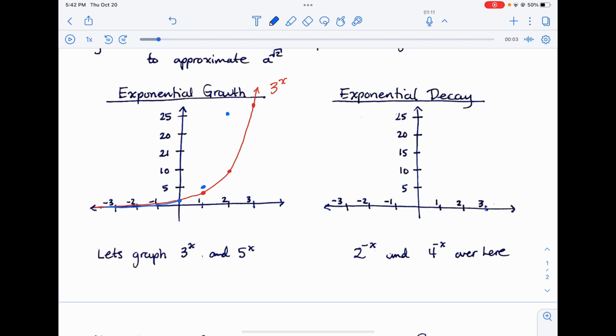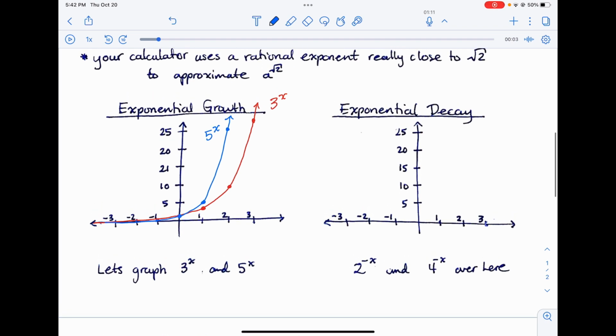So the graph is going to look slightly different. It's just going to grow much, much faster. I'm sure you guys have seen stuff like this before. So exponential growth, you have outputs that are growing very fast as you're moving to the right. Exponential decay is sort of the opposite.